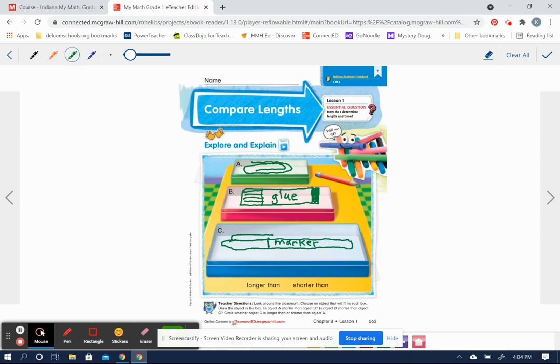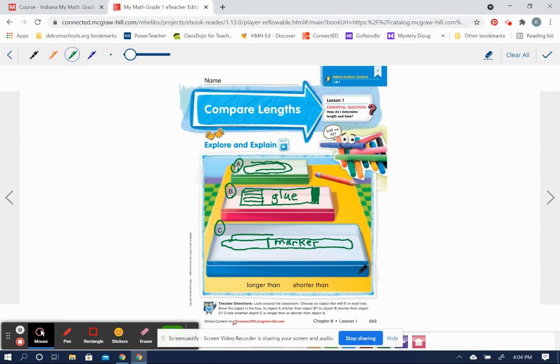Okay, so now that we have our objects drawn in the boxes, there are some questions down here at the bottom. It says, is object A shorter than object B? So this is object A, and this is B, and this is C. So is object A shorter than object B? Yes, it is.